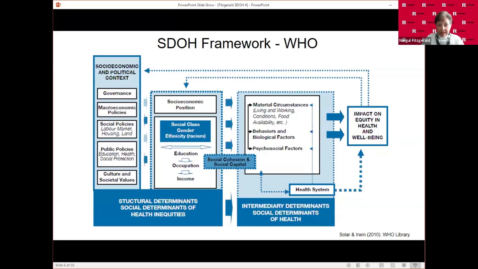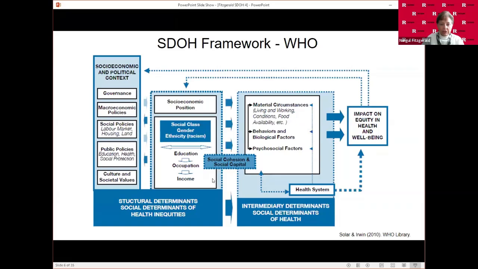This intermediary level also includes psychosocial factors like social networks and social support, that can push the health outcomes in a negative or positive way, depending on the situation. Now, I want to point out a couple of things here. As you can see, social cohesion and social capital is placed between the structural and intermediary determinants.